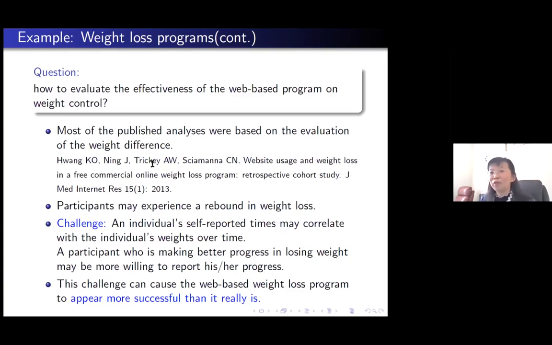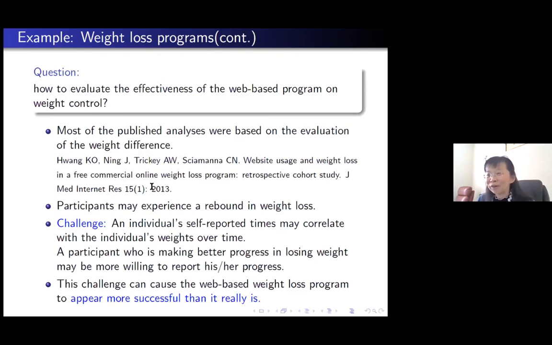It is more informative to use weight data over time and study the effects of web-based programs during the entire study period. Then our next question is whether we can apply standard methods such as GEE for this particular study. Unfortunately, the answer is no.